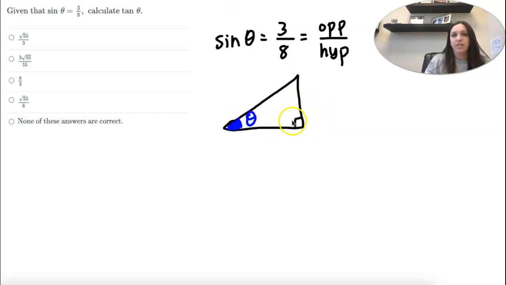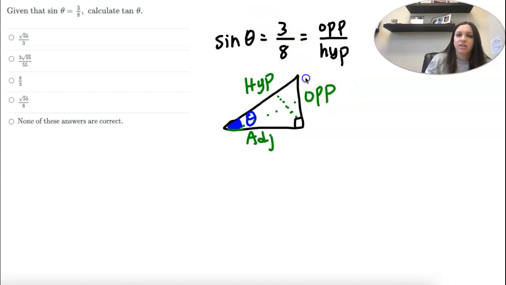Okay, now I'm going to label my sides. Across from the right angle is the hypotenuse. Across from my reference angle is the opposite. And then the side next to the angle is the adjacent. So I know the opposite of this triangle is equal to 3, and I know the hypotenuse of this triangle is equal to 8.